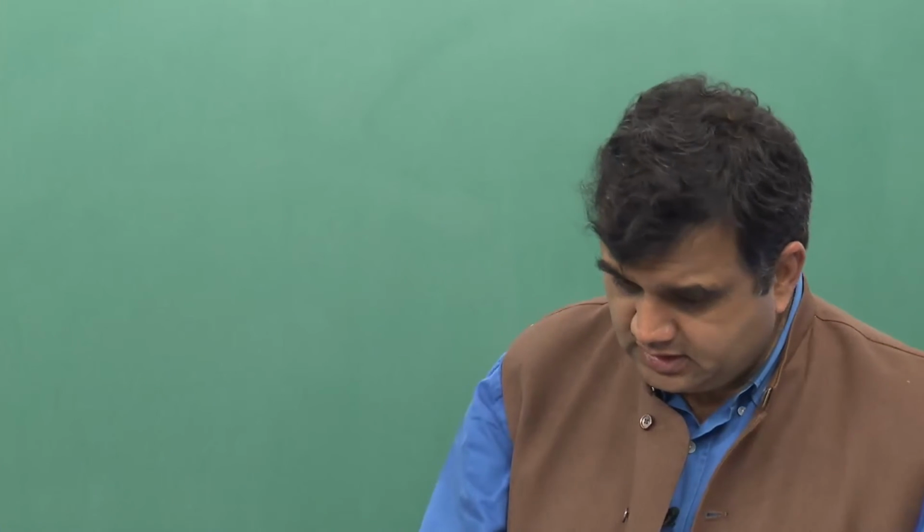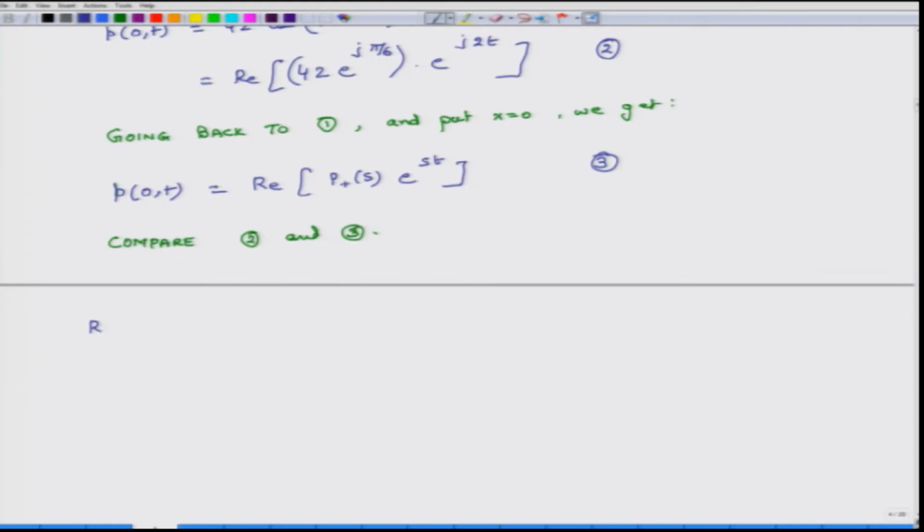So, what I can write is real of 42 e to the power of j times pi over 6 times e to the power of 2j times t equals real of P plus of s e to the power of s t.